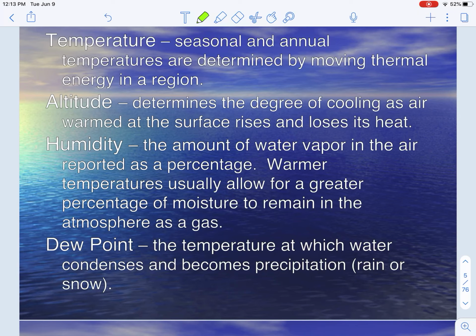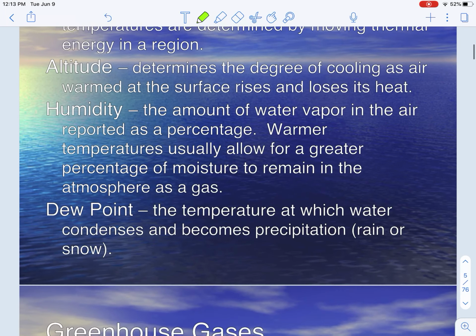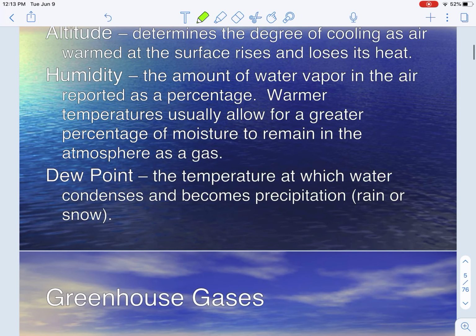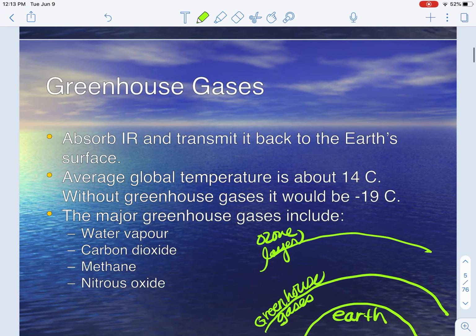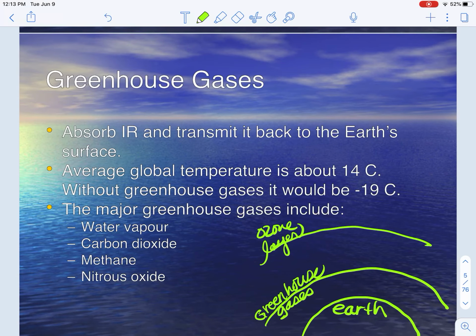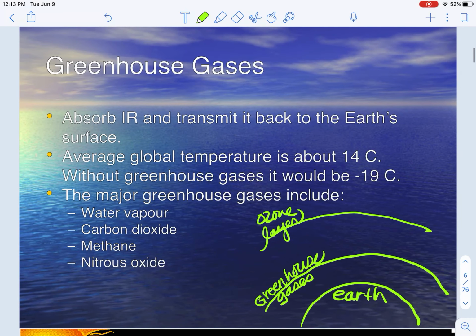The humidity in the air, the percentage, is how much water that air can hold, and the warmer areas can hold more water and evaporate more water. And dew point is when that water condenses and precipitates down.